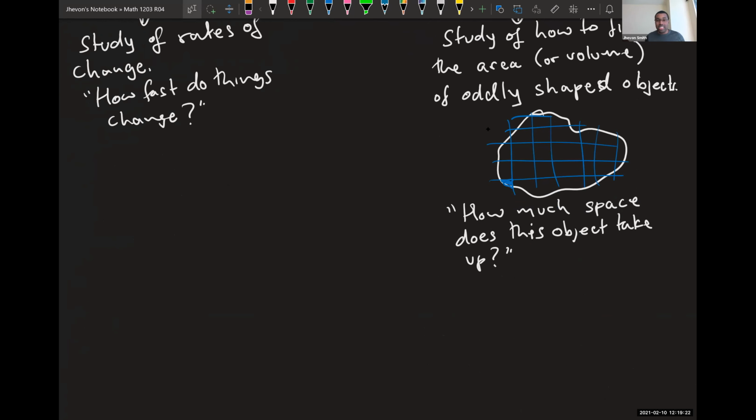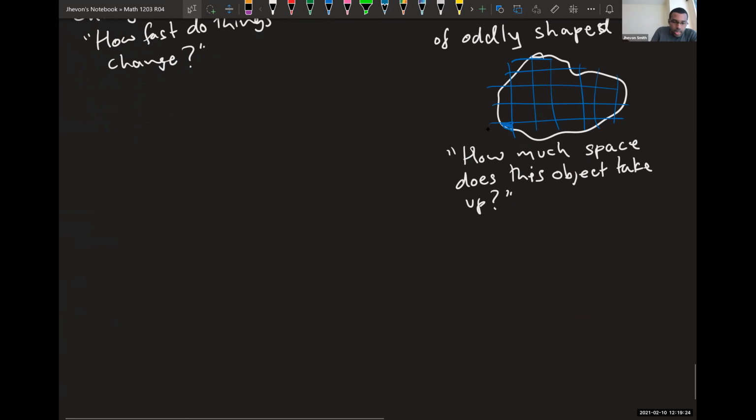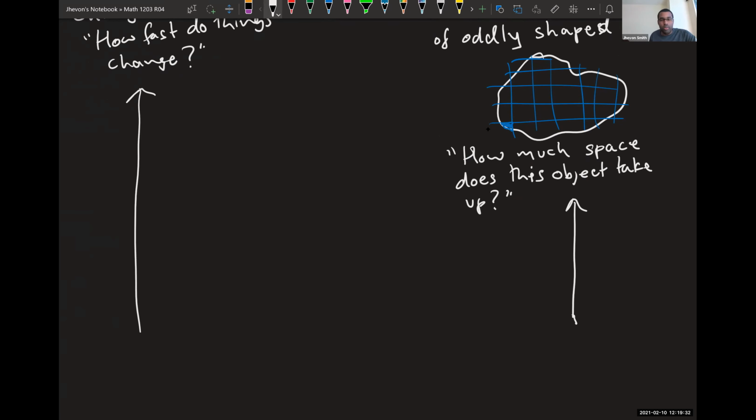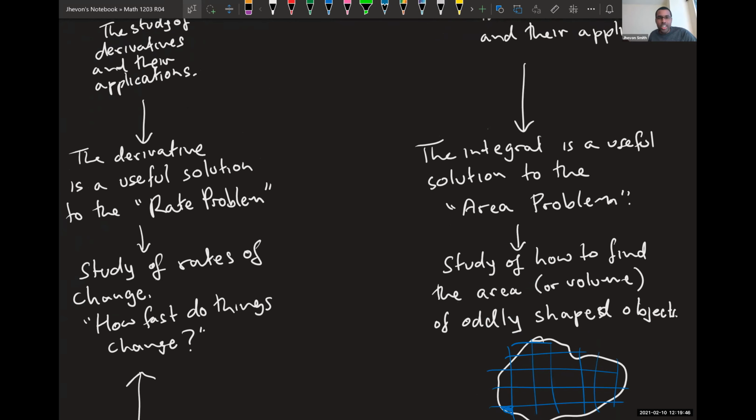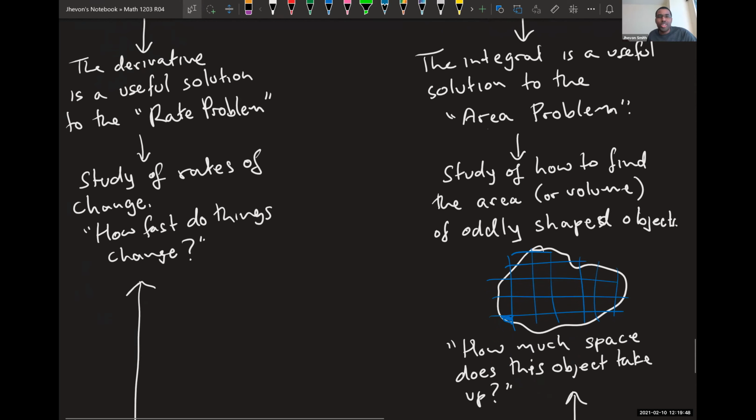Now, calculus as we know it is a little bit different. It turns out that these two things have been studied separately for centuries, for a long time. These were problems that we knew how to solve long ago. We have evidence that Archimedes knew what an integral is and got very good at computing them, around 400 BC.